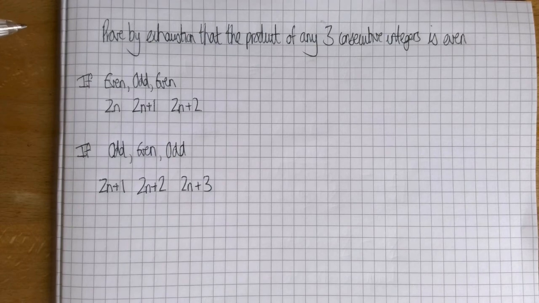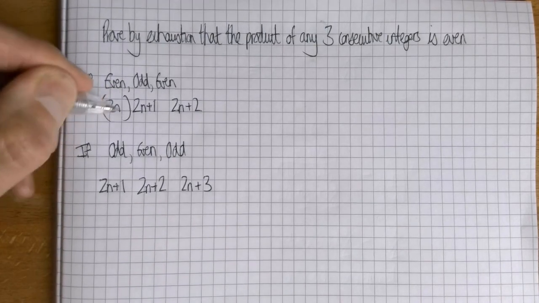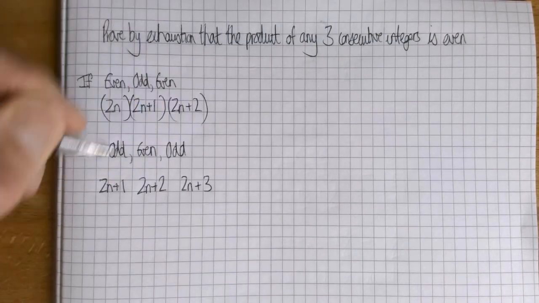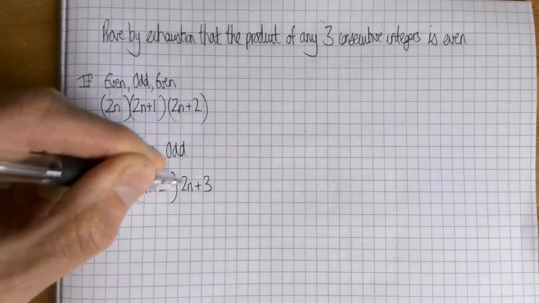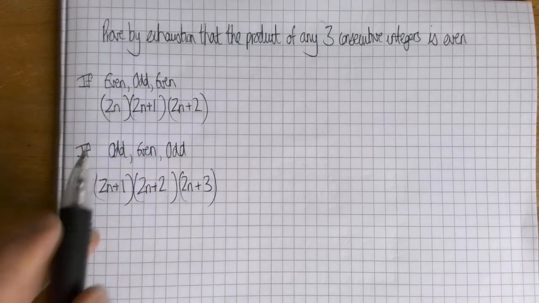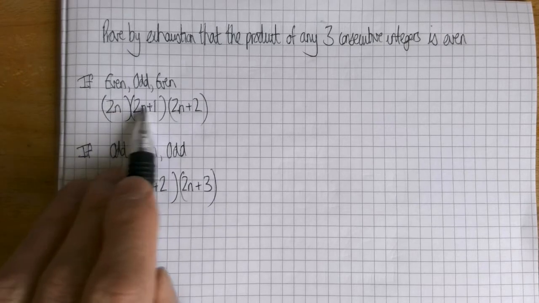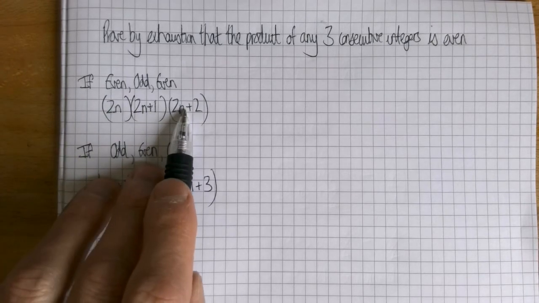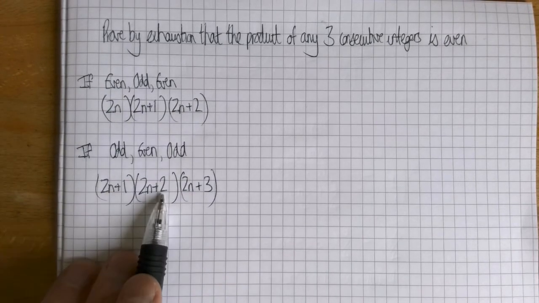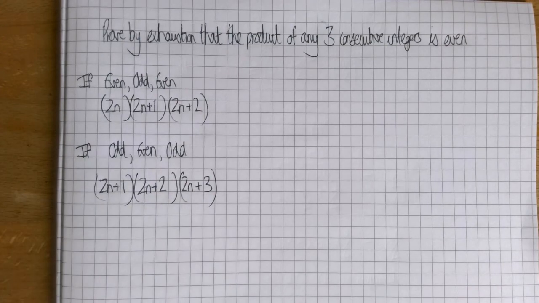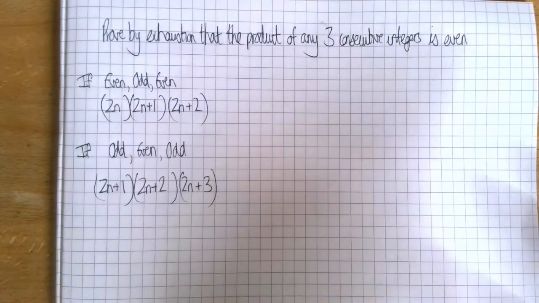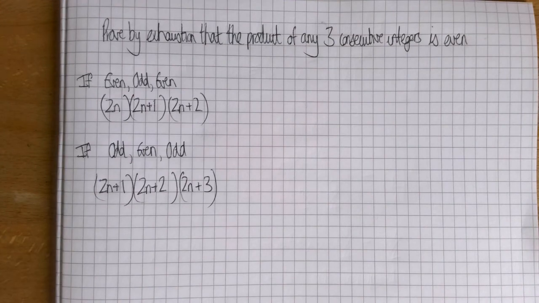Now we're finding the product, so we're multiplying those together. So go on, expand those brackets. Remember, do it by multiplying out those two and then taking your answer and multiplying it by that, and multiply out those two, taking your answer and multiplying it by that, and then see if you can convince me that the thing you get is even.